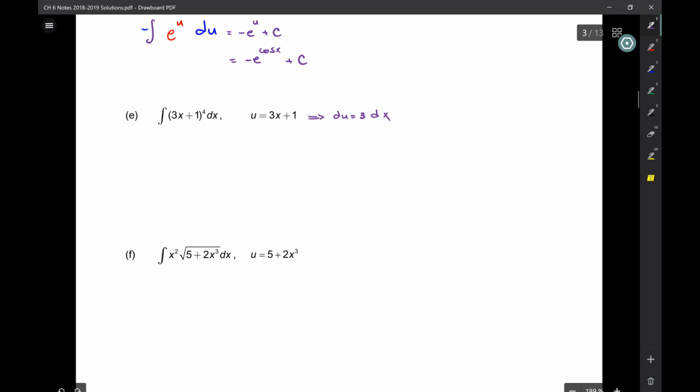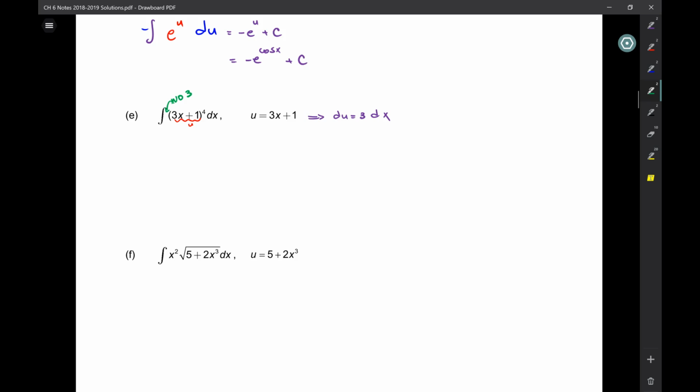So, if this is u, and I have u to the 4, I need 3 dx for it to be du. But look at this. I don't have a 3 here. There is no 3 in there. Right? So then I need to conform that to look like this.